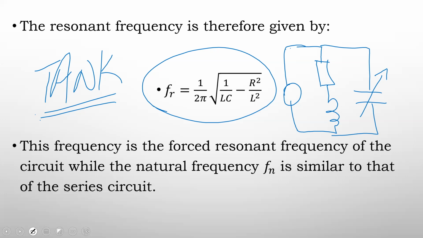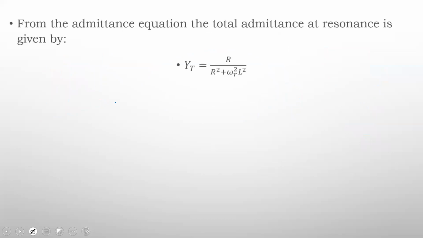All right, so we have the resonant frequency, but there is other information that we can get from the circuit. We know that at resonance, the reactive portion is equal to 0, but there's an active portion. So the admittance at resonance will be given by the active portion. There are a couple of things that are now similar to what we had with the series circuit.